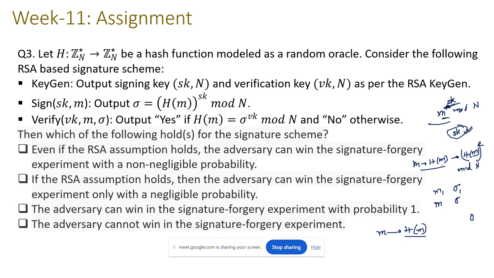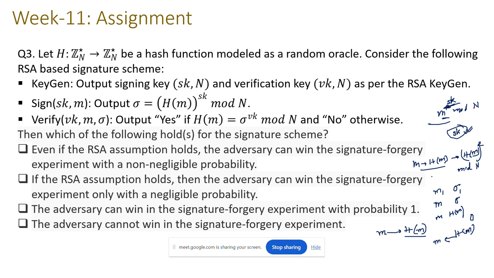Then you can take any message on your own, hash it and raise it to the power sk, and you generate a signature, right? The hash function is public. So if you have m, you can generate h of m, but if you have h of m, you cannot get back to the corresponding m, right?